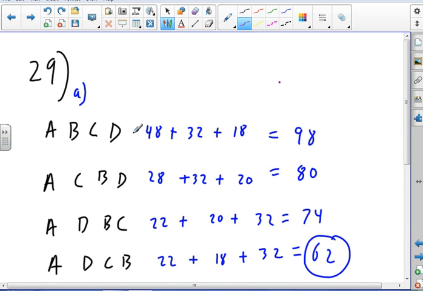29A. Find the indicated tour. So optimal.